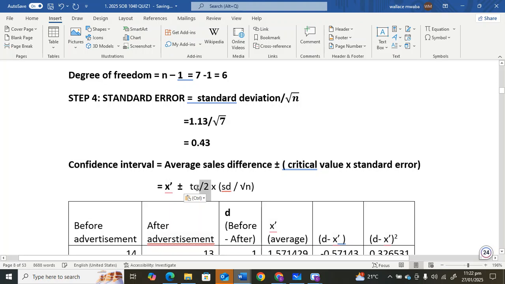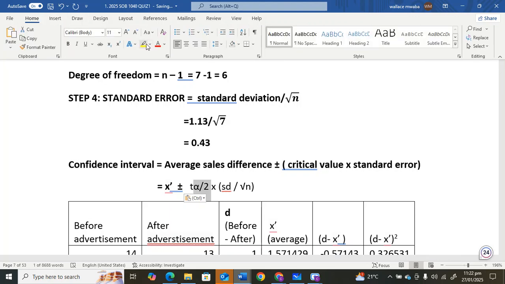This T with an alpha over 2 just means the critical value. The formula is not that confusing.